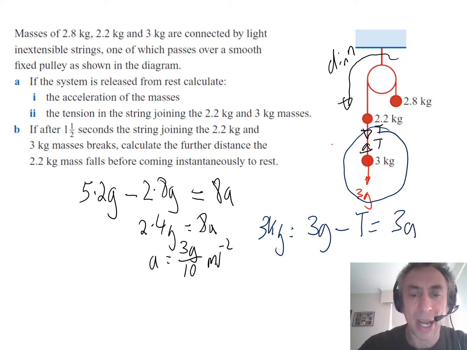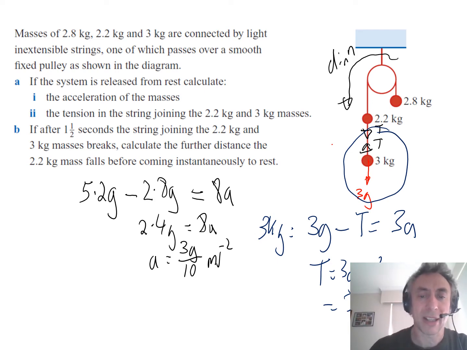So A part II, we're just focusing on the 3 kilo mass. In A part I, we're looking at the system as a whole. So, okay, tension is equal to 3G minus 3A. So that's going to be equal to 3G minus 9G on 10, or 21G over 10, or 2.1G, whatever you like. Okay, so that's A part done.